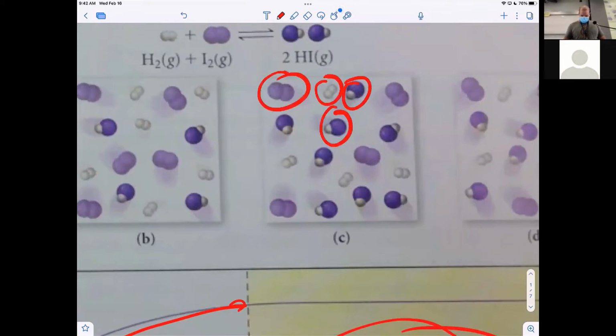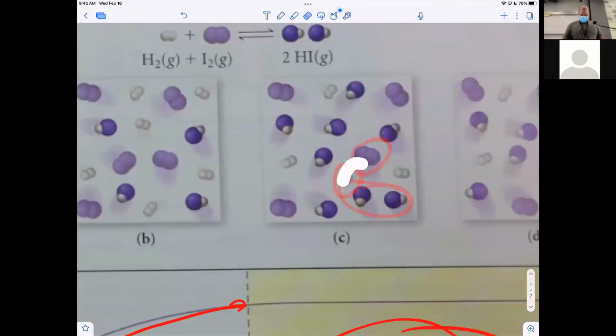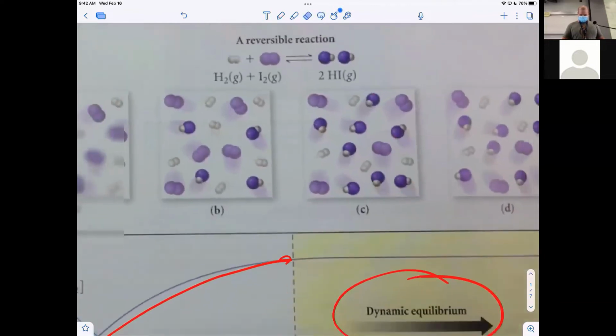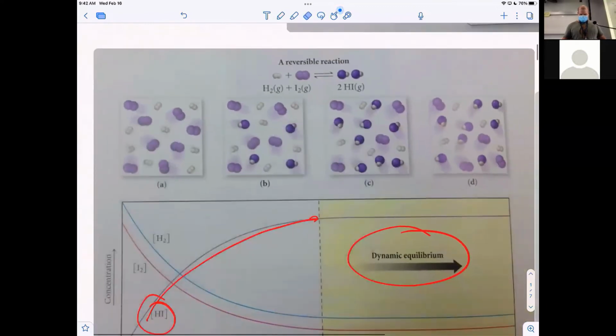But at the same time, hydrogen and iodine are reacting to form hydrogen iodide. So the reaction is actually happening in both directions, but the rate of the forward is the same as the rate of the reverse, and it doesn't change.